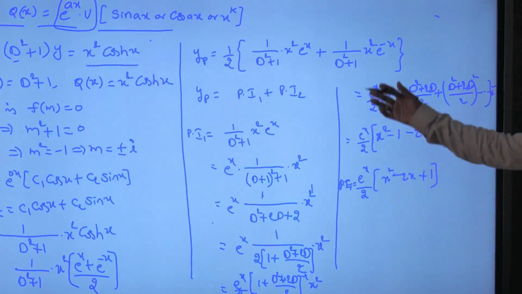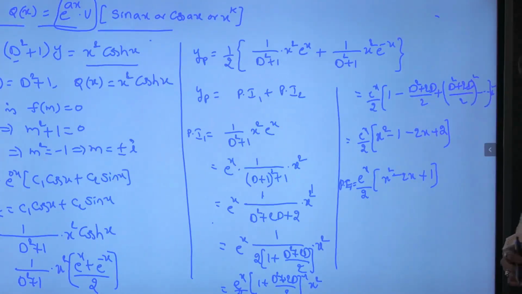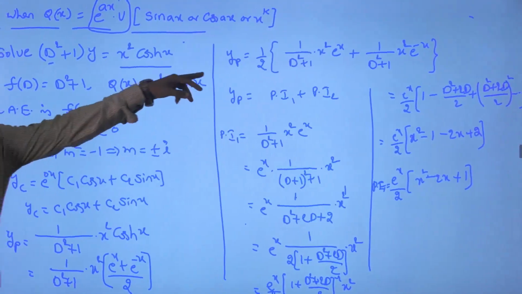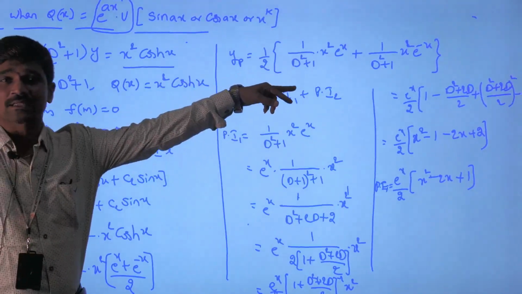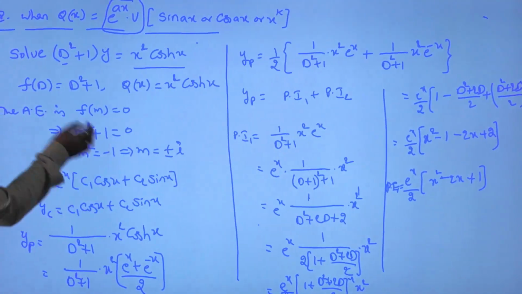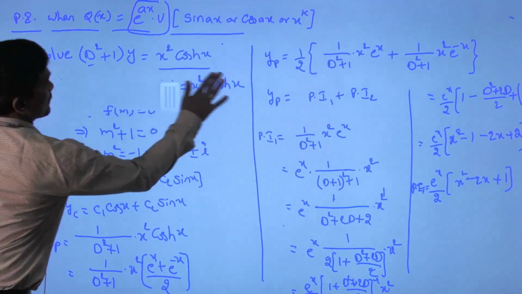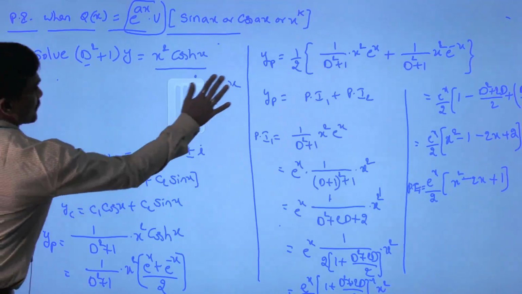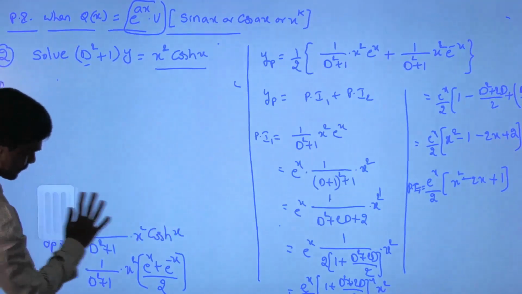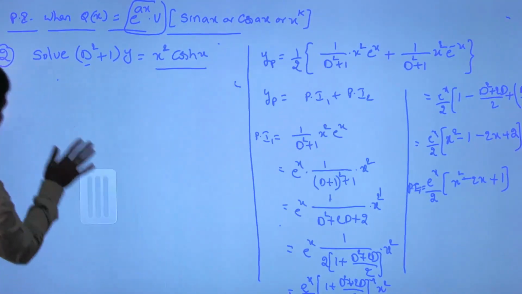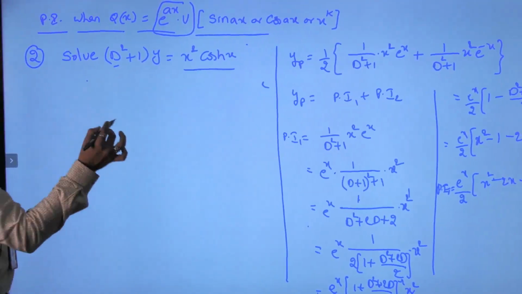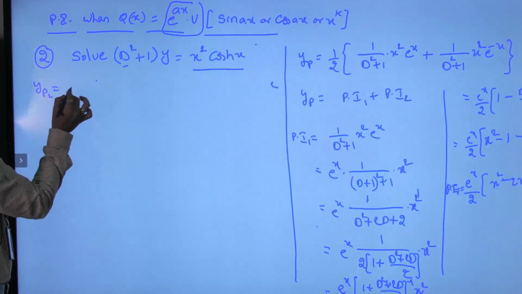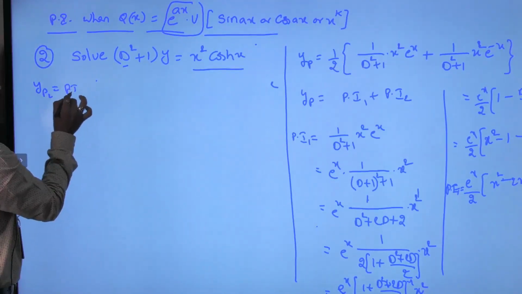Next we can find PI2. So what is PI2? Take 1 by (D² + 1) x² e^(-x). Now take yp2, that is PI2.